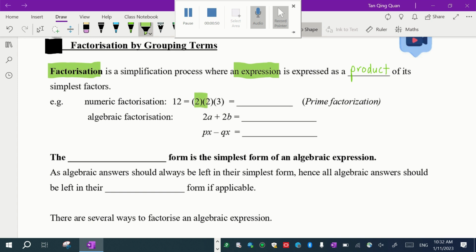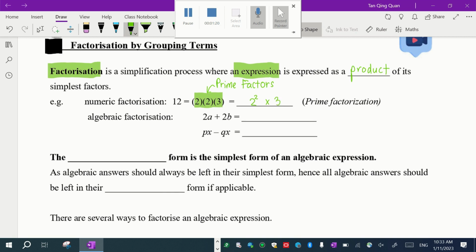These are all factors. And in this case, we can tap on our knowledge of prime factors to help us. And so for 12, the factorization would then be 2 to the power of 2, because there are 2 of them, multiplied by 3.